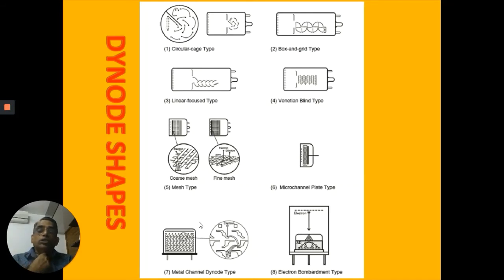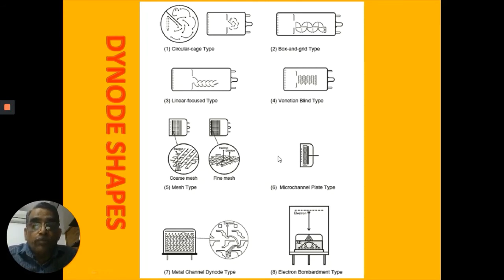Now, dynode shapes also decide many of these time resolutions. There are 8 basic types of dynode shapes: circular type dynode, box and grid type dynode, linear focus type, Venetian blind type, mesh type, microchannel plate type, metal channel dynode type, and electron bombardment type.